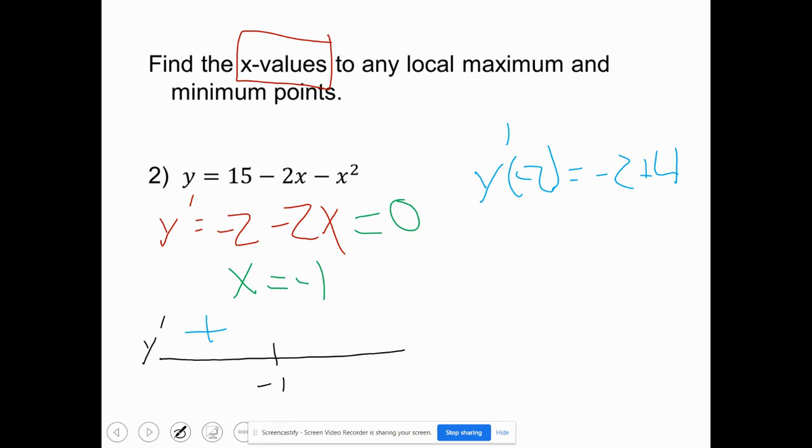I've got positive slopes here. And if I plug in a number greater than -1, like 0, I'd have -2 minus 2 times 0 gives me 0, and that gives me -2. I get a negative here.